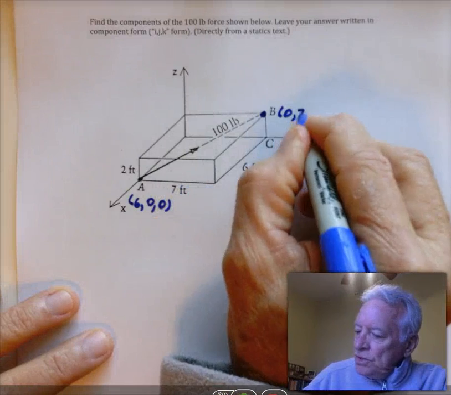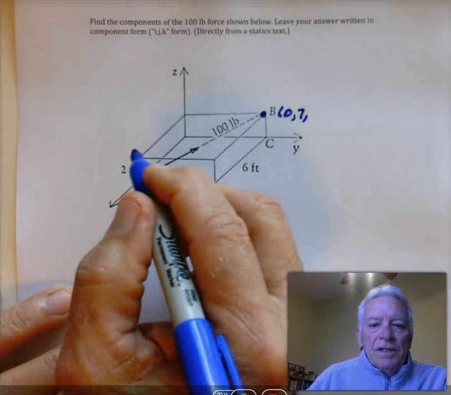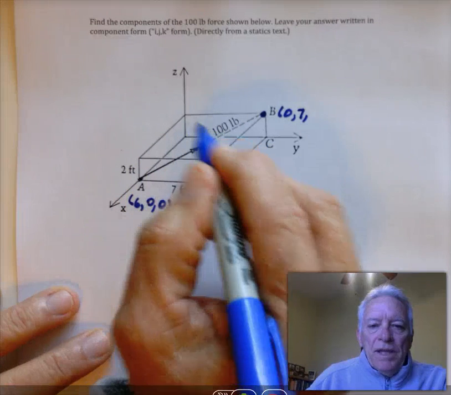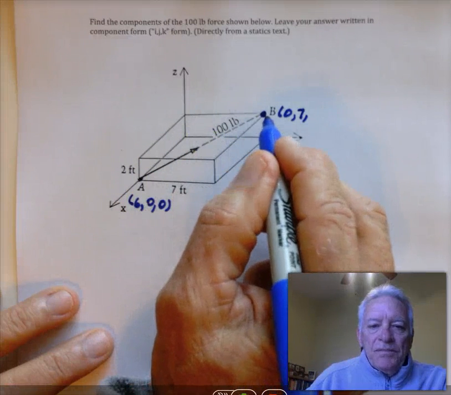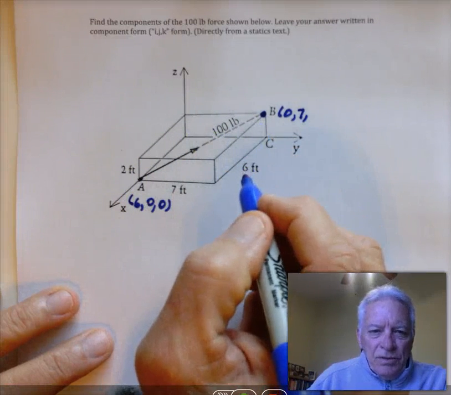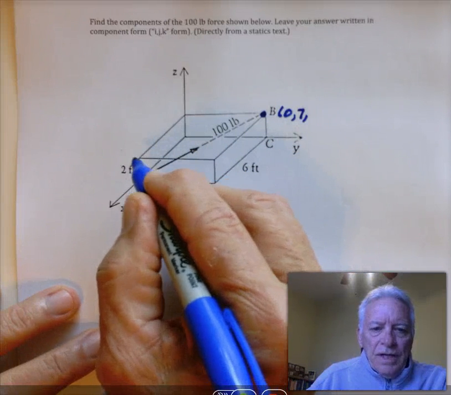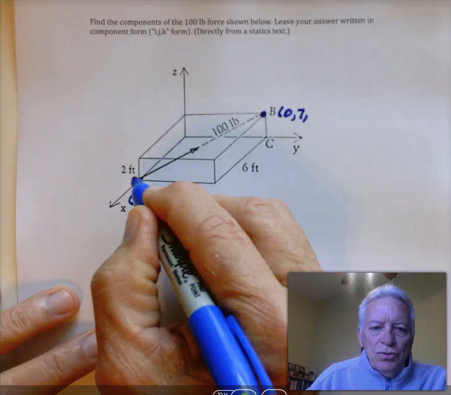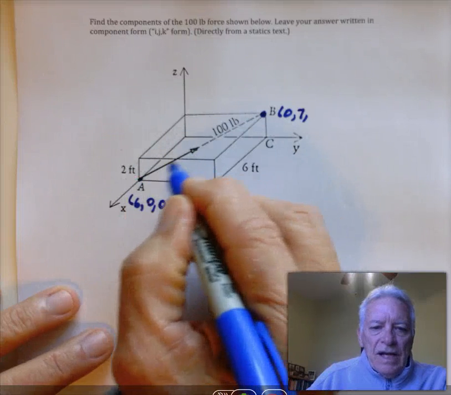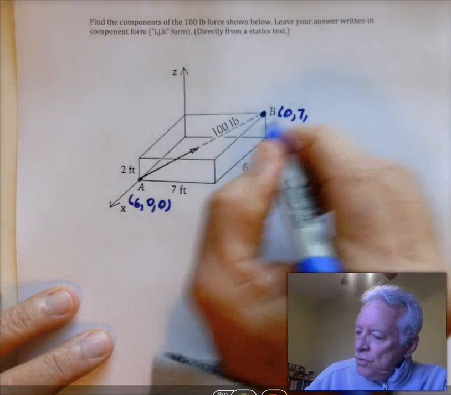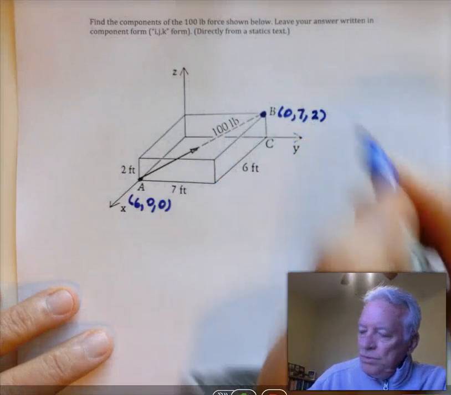So this would be 0, 7, and then the z is how far above the xy plane point B is. Over here on the left corner of the diagram, you see the 2 feet. That's how high you are above the xy plane, and so the z-coordinate would be 2.